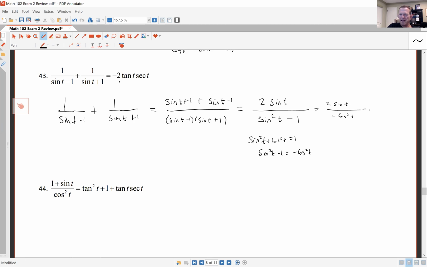So this gives me -2 sine t over cosine t, which is the tangent we're looking for. And then we have 1 over another one of the cosines, which is where the secant comes from. And so that one's been verified.